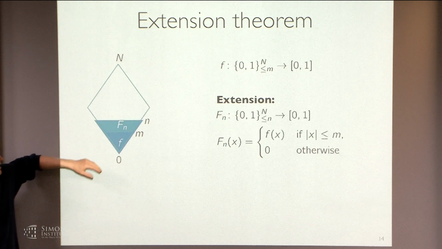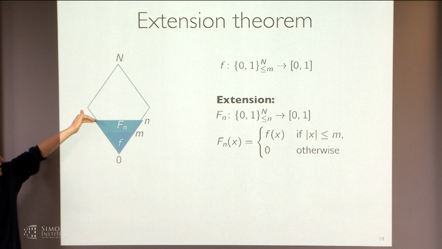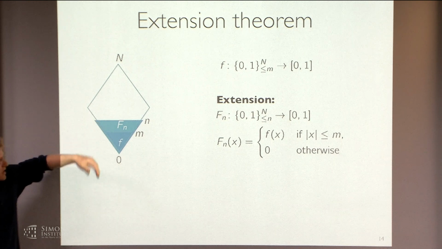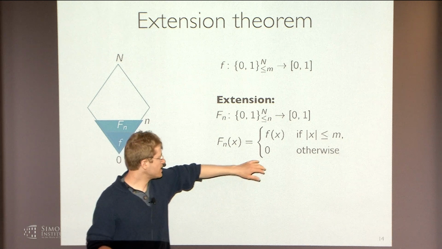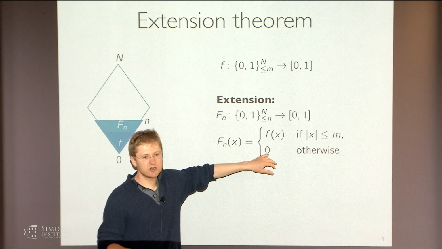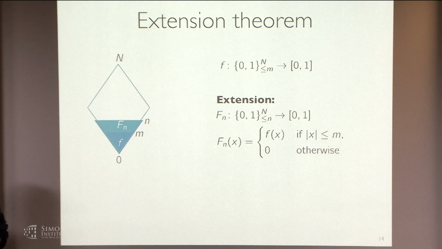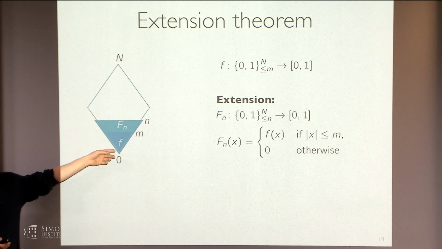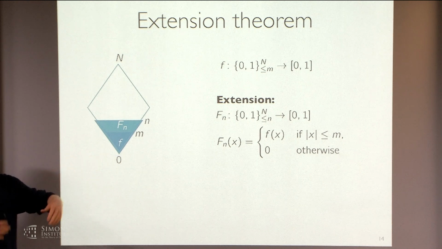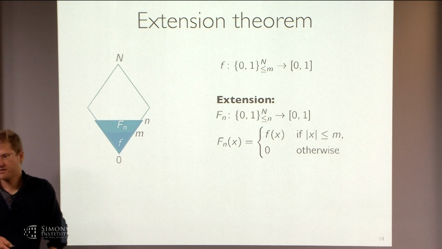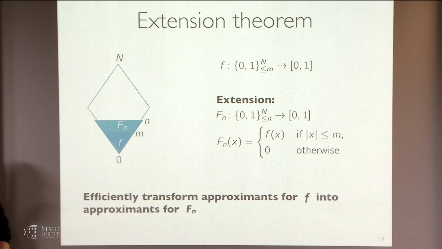Now you're considering an extension of f to inputs of Hamming weight n, an extension defined naturally by setting the function's output to be 0 on the new inputs. So approximation theoretically, you'd like to know whether an approximant for little f can be converted somehow in a black box manner to an approximant for big F. So it would be terrific if that were true.